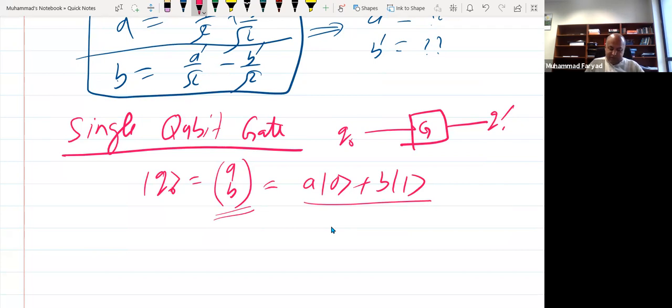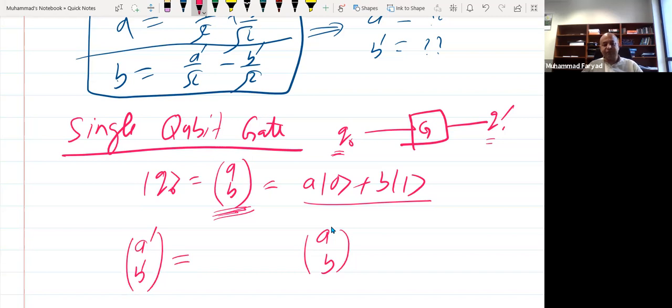Now, let's say you think about this state as a column vector. After this operation, this single qubit, first of all, is still a single qubit. Its state is changed. So A, B after this gate is transformed to some other state, A prime, B prime.